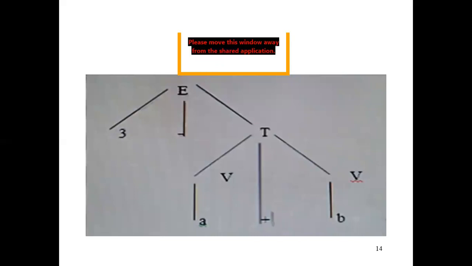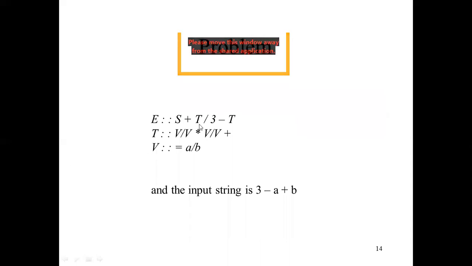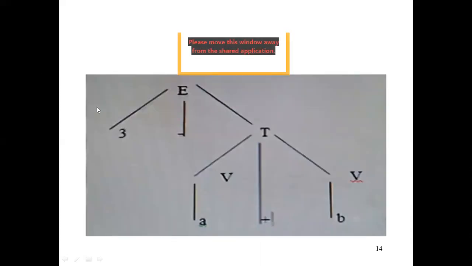For the first step, E is divided into 3 minus T, because the input is 3 minus A. So we will choose this first option, 3 minus T. Now we can draw the syntax tree: 3, the operator symbol minus, and then T.